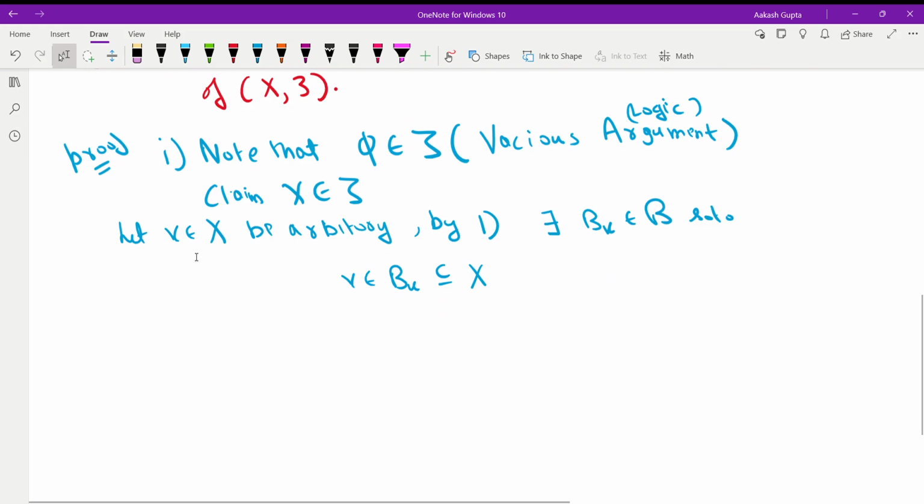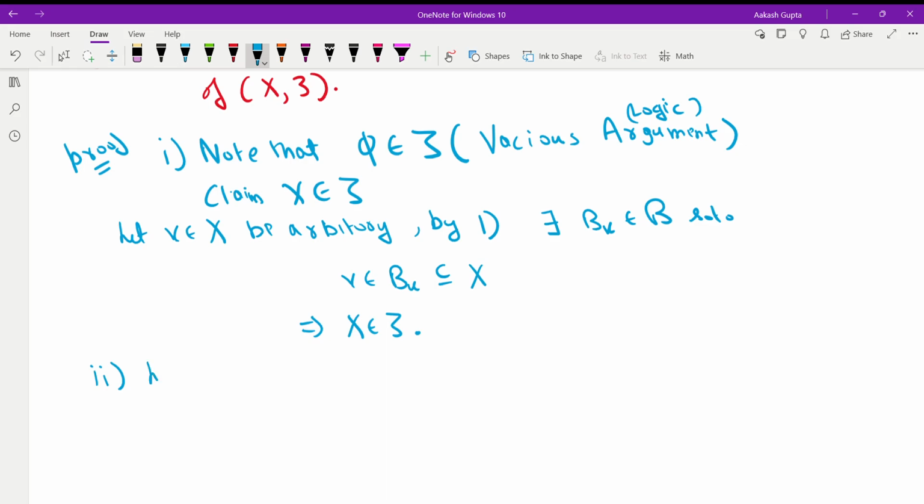Okay. So what is the definition of tau? This implies that is what the definition of tau is. For any point in the set you should have this kind of thing. So X belongs to tau. Number 2.